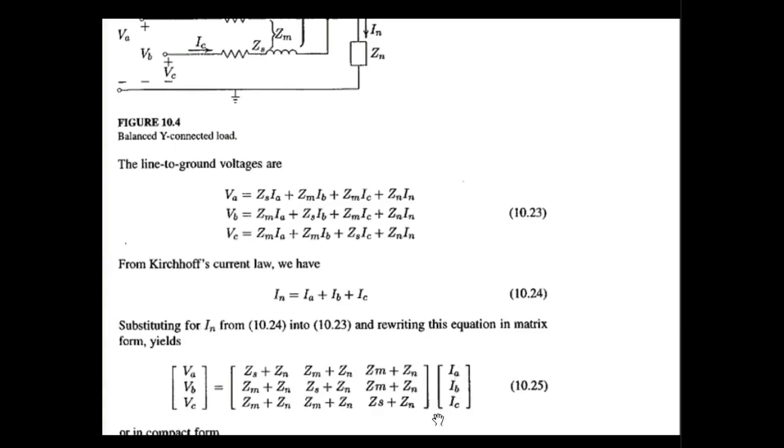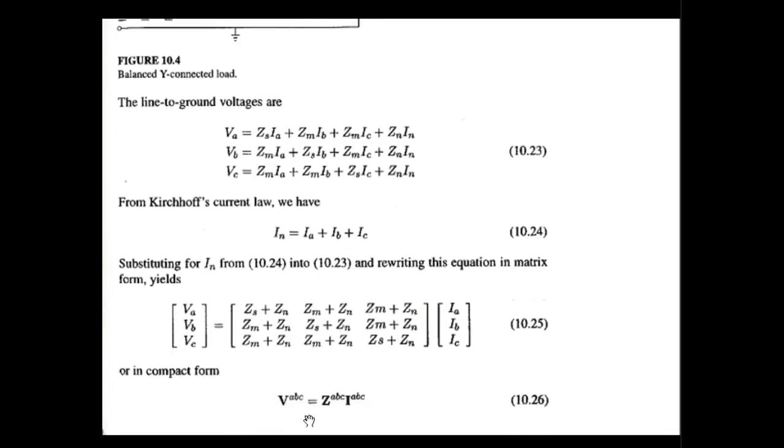So what about this part? These are the unbalanced voltages, and this is the unbalanced current. So this must be the unbalanced impedance, right? So this will be ZABC. If we write that in compact form, VABC, the unbalanced voltage phasor, is related to the unbalanced current phasor by the unbalanced impedance ZABC. Now regarding that ZABC, we have to shift it to the Z012 domain.